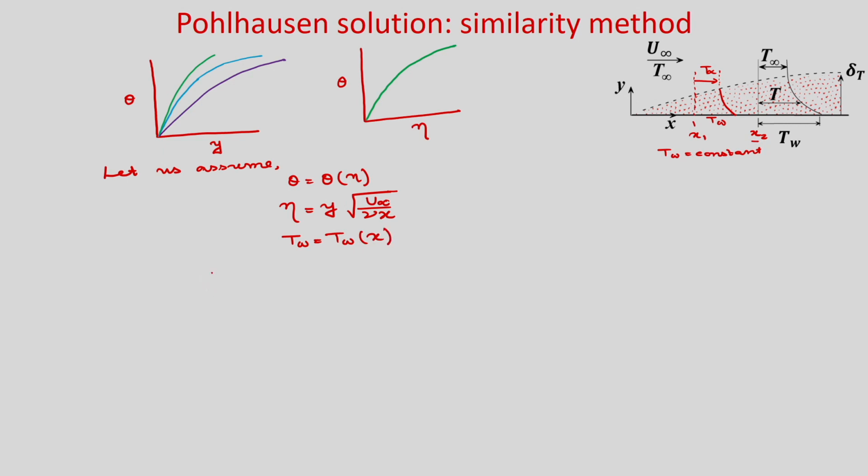So, theta is T minus T w, which is a function of x, divided by T infinity minus T w, and now T you can write as T w plus T infinity minus T w into theta. Let us write the energy equation derivatives in terms of the derivative with respect to eta.